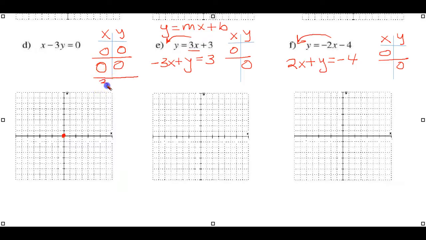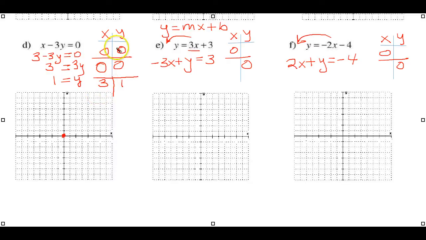Let's say x is going to be 3. So if x is 3, minus 3y equals 0, just bring your y over to this side. 3y equals 3. Divide both sides by 3, so y equals 1. So you now have one other point.